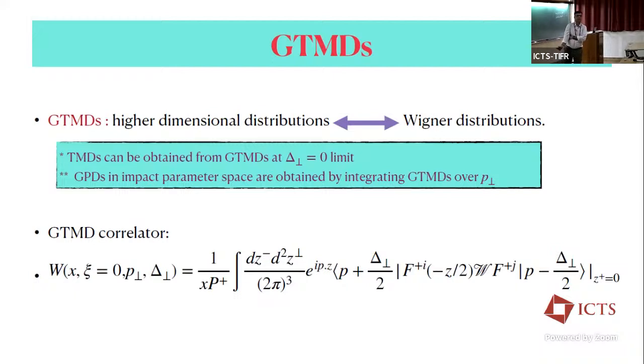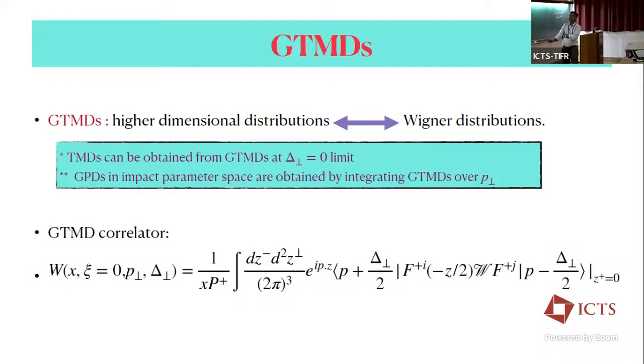These are basically 5-dimensional phase space distributions. They are called the mother distributions of all these TMDs and GPDs, because in different limits of the GTMDs, you can extract TMDs and GPDs. For example, TMDs can be obtained from the GTMDs in the Delta perp tends to 0 limit, whereas when you integrate over the P perp, you will get the GPDs.